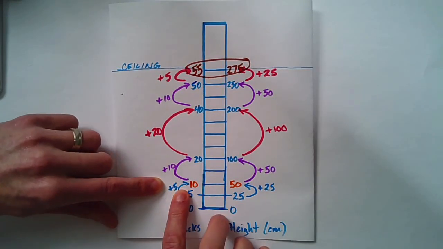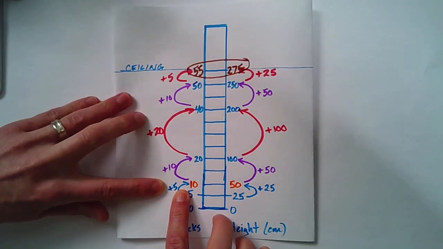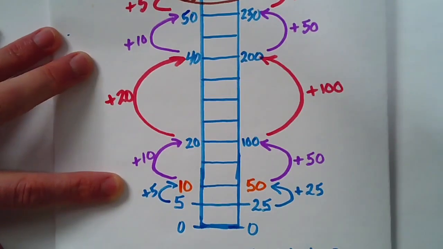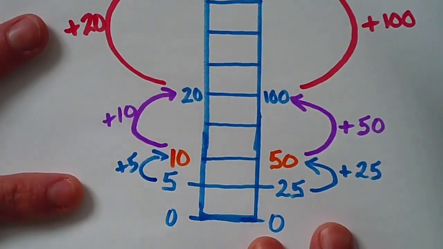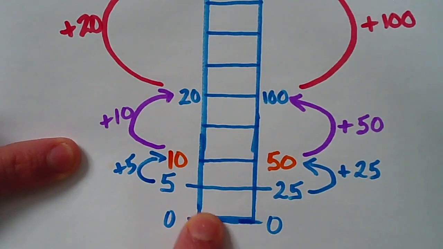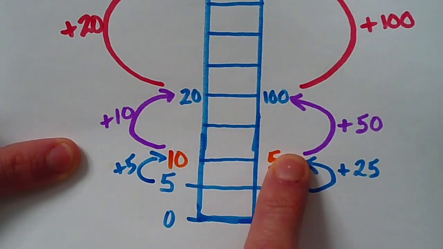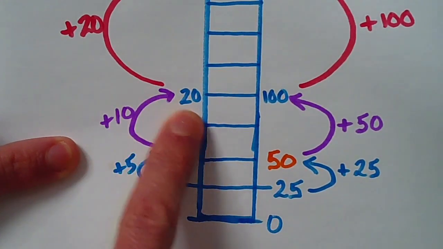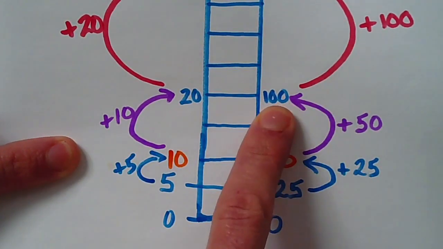Something nifty that the student's doing, even though it is additive thinking, which is maybe not exactly where we want to be, is that the student noticed, well, wait a second, there's something going on here. If I add 5 packs and 25 centimeters, I can actually add 10 packs and I can add 50 centimeters to get here.